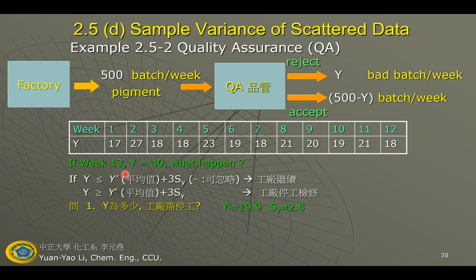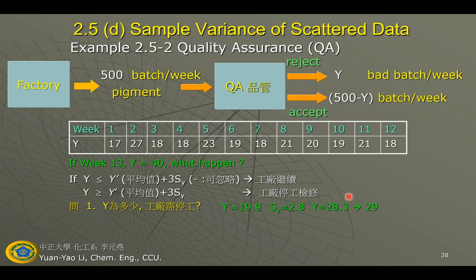So once you have 19.9 plus 3 times 2.8, that means Y is equal to 28.3. Because there's no batch, the batch is 1, 2, 3, it's an integer number. There are no numbers after the decimal point. So 28.3 means 29.